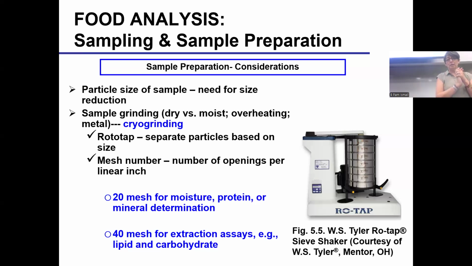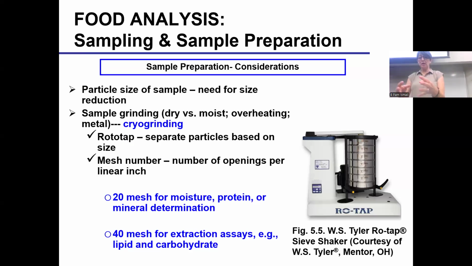But also, like I said, sometimes if your sample is high in moisture or high in sticky material, the best way to grind it is when it's frozen. Or if you know the moisture content, you can dry it, like by freeze drying, for example.